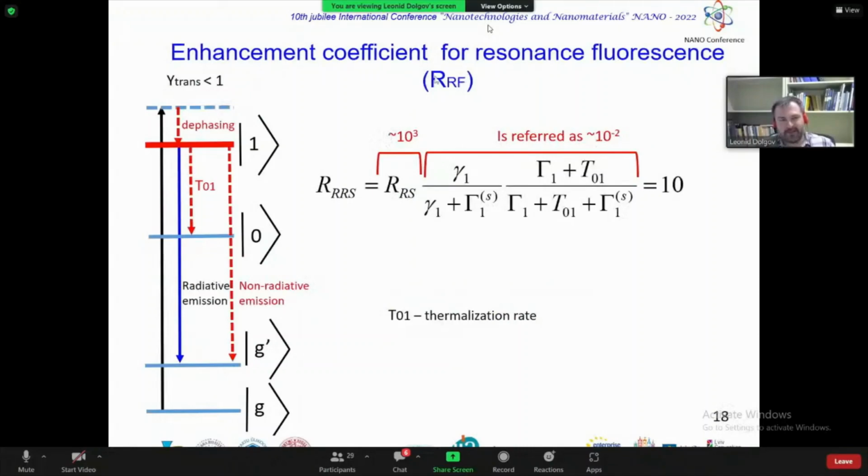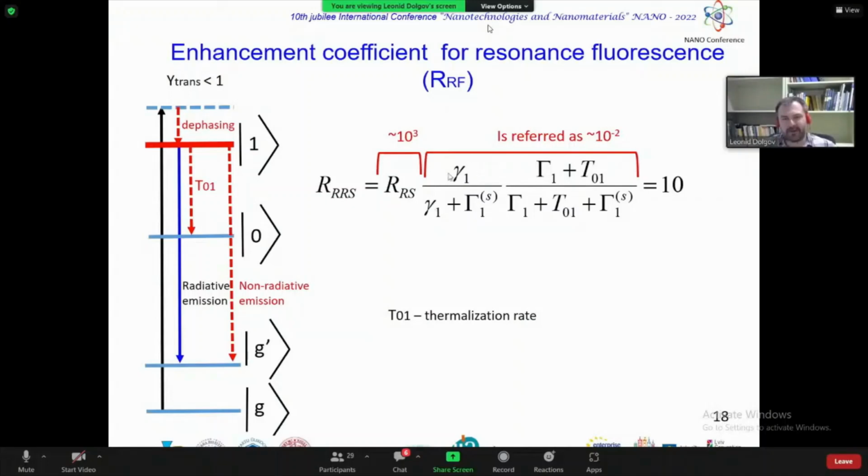But when the situation changes, like we excite to one level and have some small dephasing, it means that emission starts from a level lower than excitation. In this case, it immediately gives a 2 orders decrease to the enhancement coefficient, because non-radiative channels appear, and the energy which goes there does not allow us to obtain 100%.